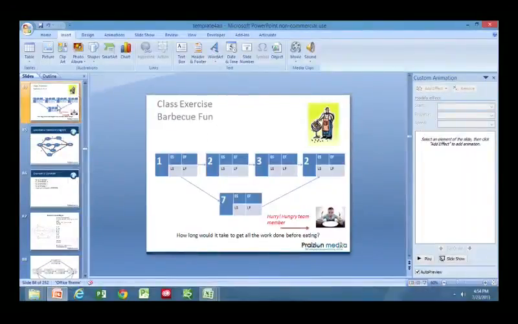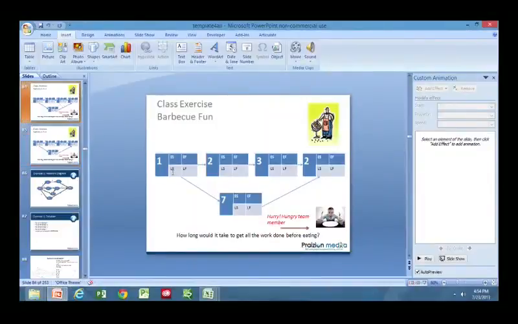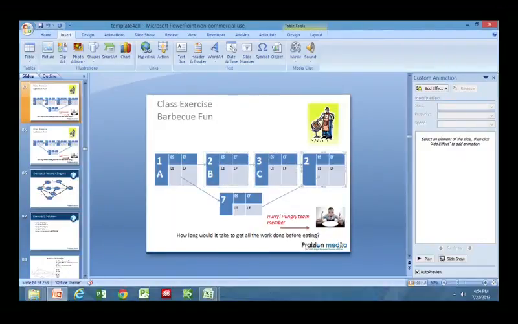So if we give these some names, let's call them A, B, C, D, and E. And taking a look here, we can see that activity A is 1 day or 1 hour or 1 minute, however long it is.